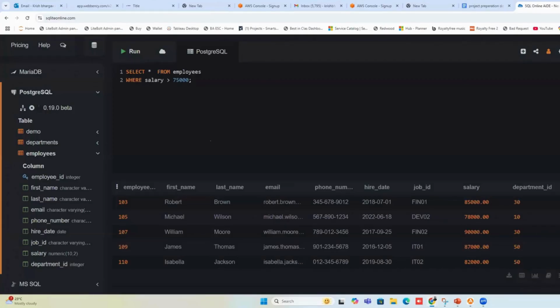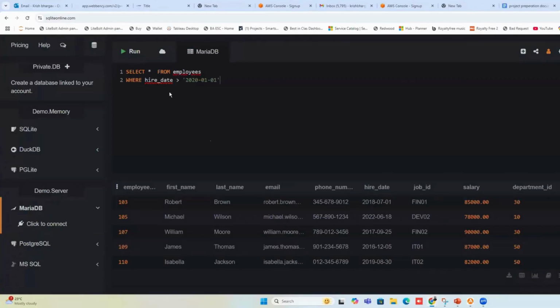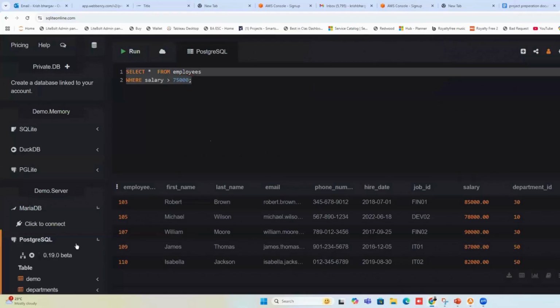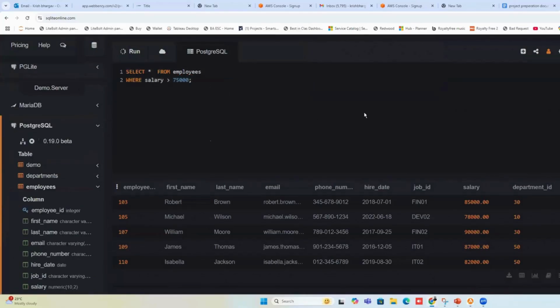Okay. Now I can do that for date as well. Let me close this. All right. You see where my hire date is greater than 2020-01-01. Okay. Semicolon. Oh, I put it in the wrong place.